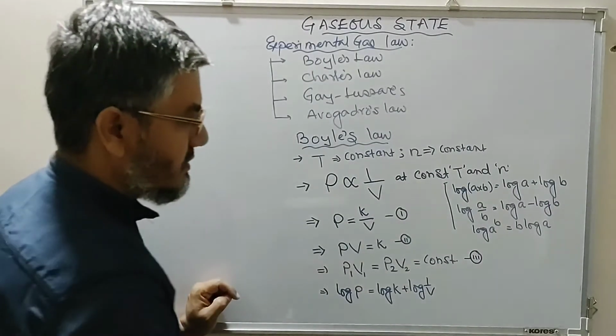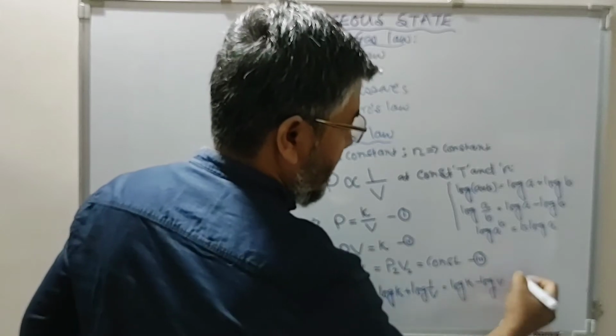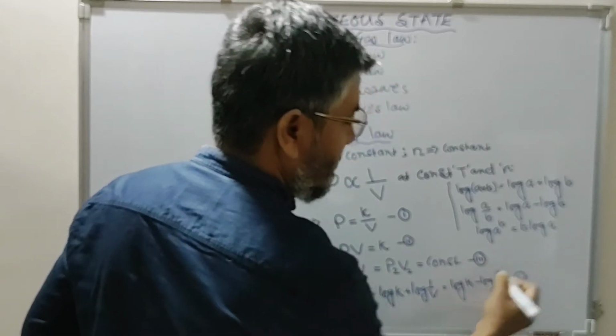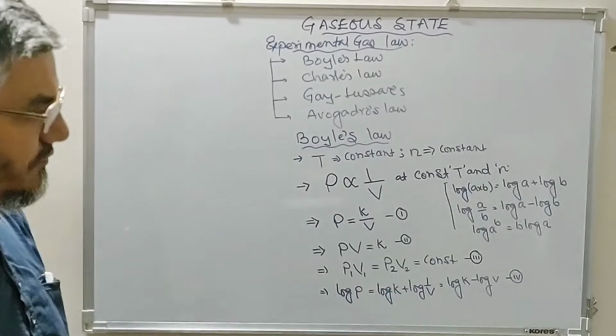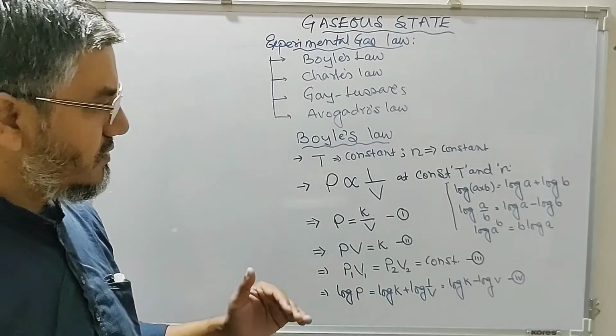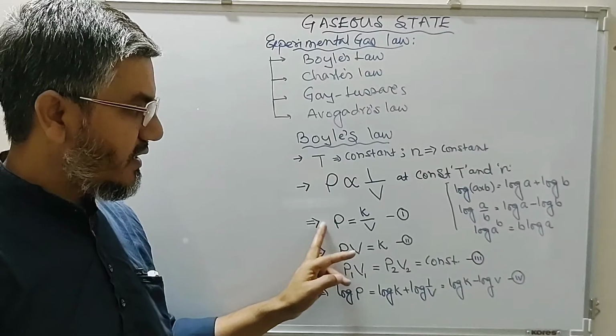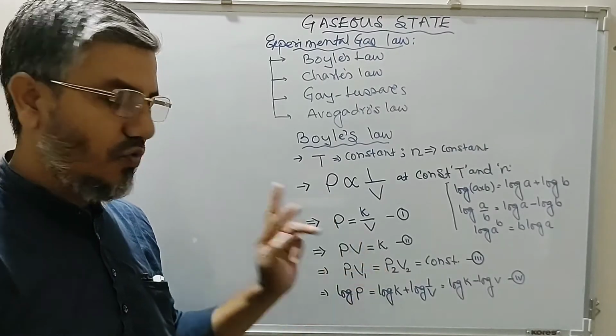So look at this. This is log P equals log K minus log V. That is equation number 4. So these are the various forms of Boyle's law. That means if pressure is high, volume will be low.